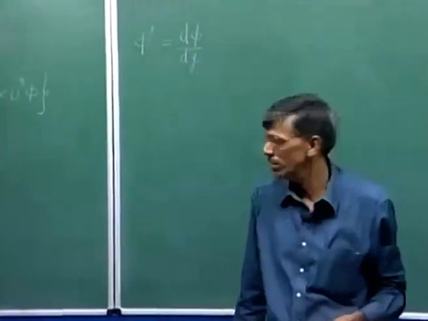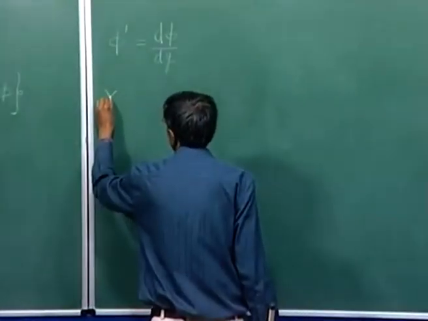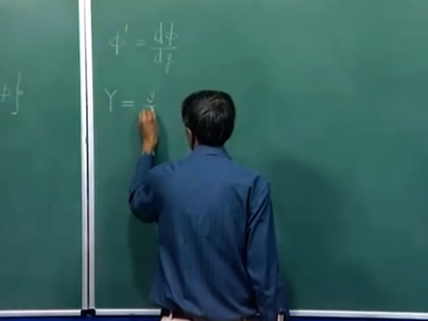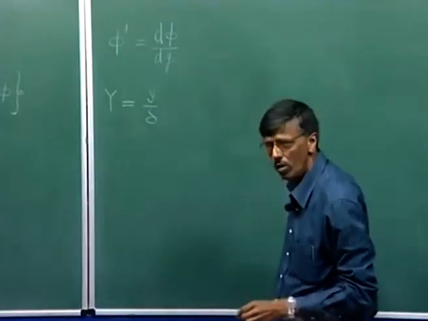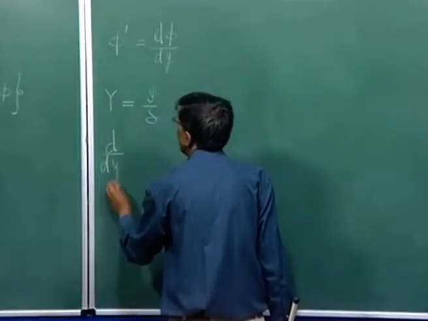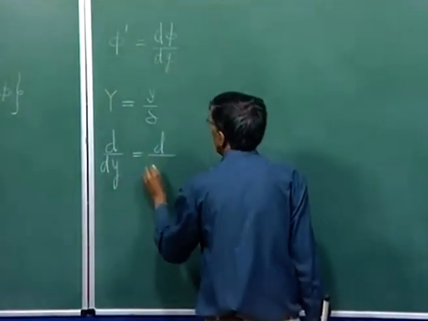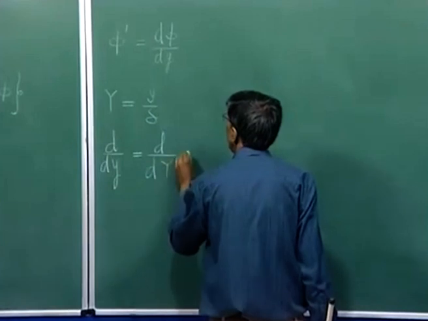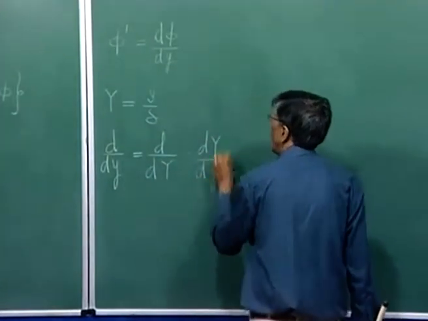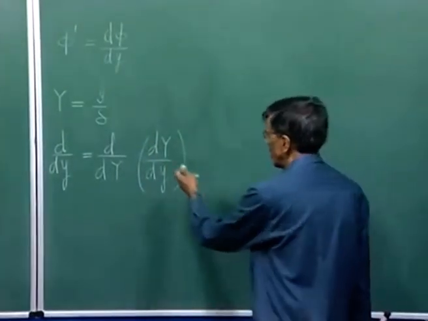the physical variable. Now, what I want to do is I want to introduce a new independent variable, this is y over delta. So, what I could do is basically I could write d dy should be equal to d d capital Y times this, very easy. And what is this?